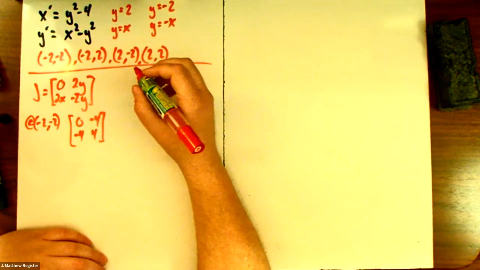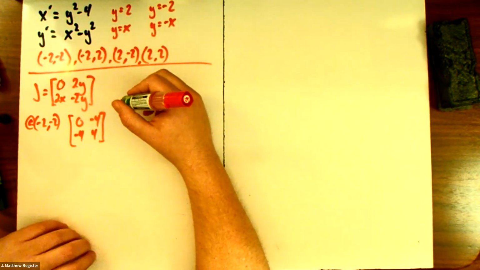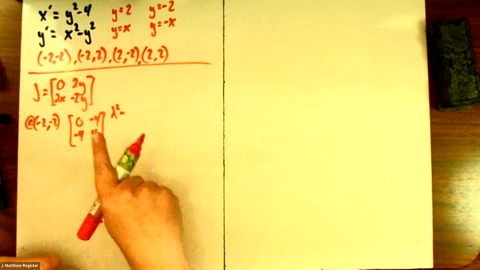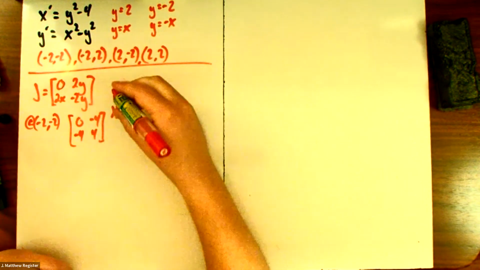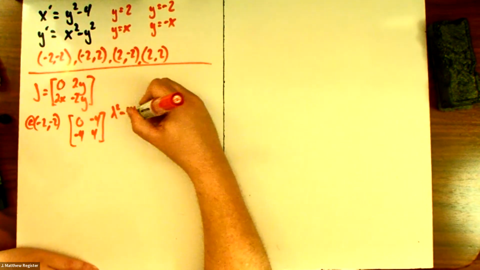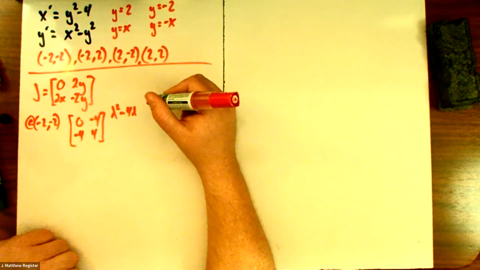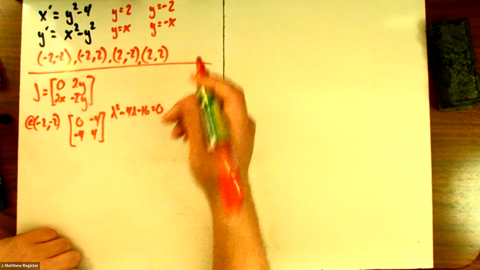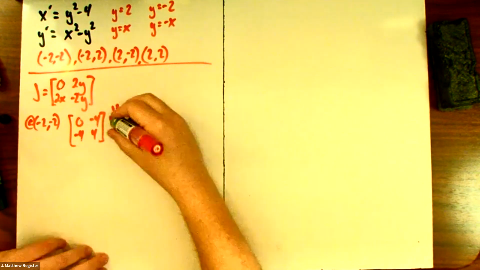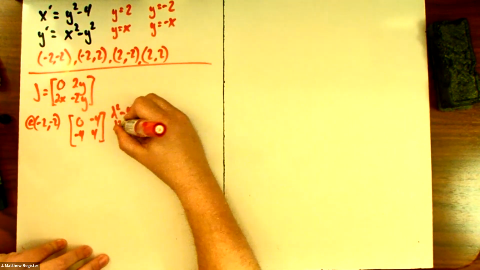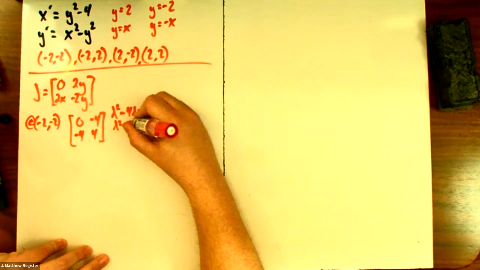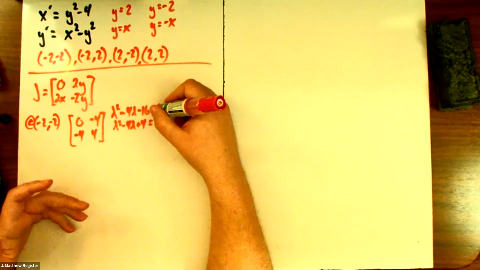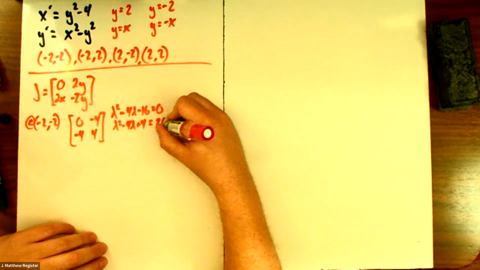And so using our characteristic equation, we get lambda squared minus the trace, which is 4 lambda, and then plus the determinant, which is a negative 16. We can solve this. This is going to give us a lambda squared minus 4 lambda and then plus 4 equals a 16 plus 4 is 20.